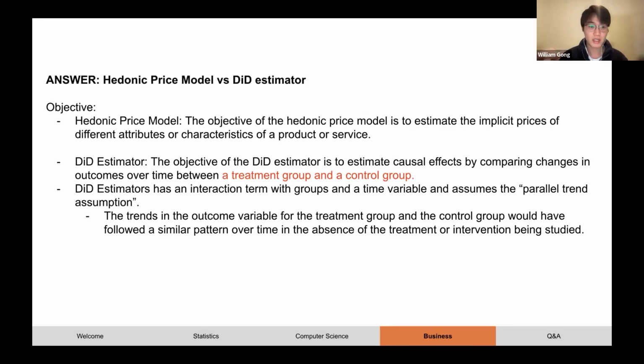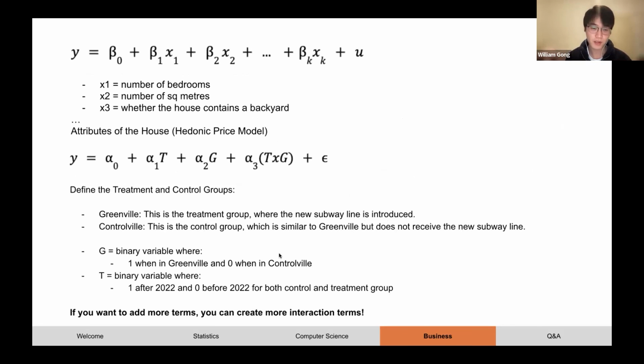Looking at the equations now, the first equation is a very simple linear regression of beta coefficients, x values, and u. The x variables, x1, x2, and x3, are essentially the features or attributes, like I said, of a house. In this case, we're still looking at the houses of Greenville and Controlville.